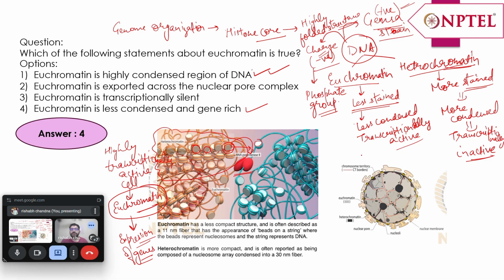So euchromatin in simple terms will be the region where genes are present, and these genes are actually expressing proteins. And heterochromatin contains the region that does not produce any protein, and it is expression inactive for that particular cell. So till here the explanation is clear.